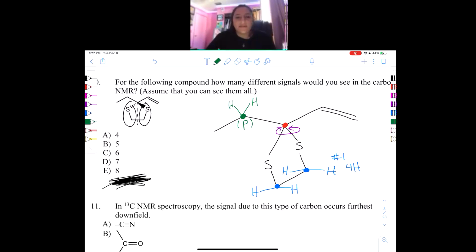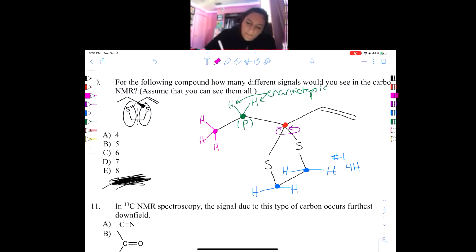We need to know, are there any chiral centers in this molecule? Yay or nay? No, there are not. So what's the relationship between those two green hydrogens? Enantiotopic. Sweet. And then we know that these three hydrogens are just chilling. They're doing their own thing. They're entirely their own signal.